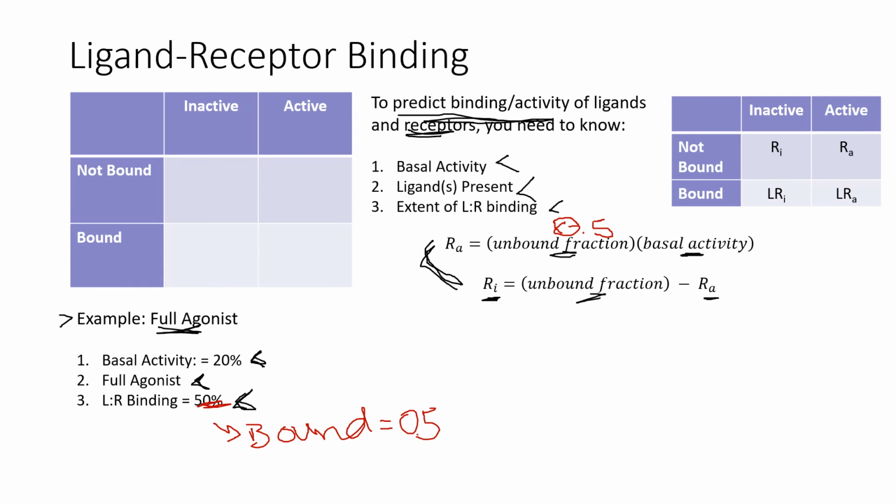Because we know that it's a full agonist and we know that half of them are bound, this is going to be in the LRA space, where they're bound but also completely active. So half of the proportion of these receptors are going to be bound and active.